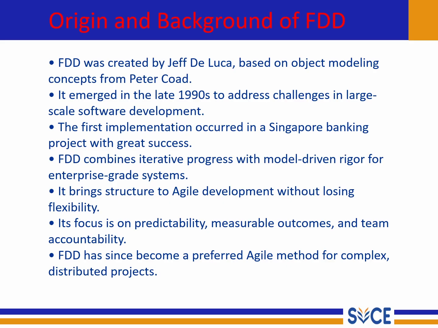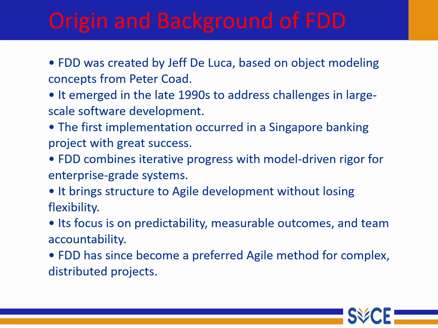The first implementation of feature driven development happened in a Singapore banking project and it was a great success. That success proved that feature driven development could work even for large and complex enterprise systems. The beauty of feature driven development is that it combines iterative progress, which means continuous improvement, with model driven rigor, or in other words, strong design foundations.